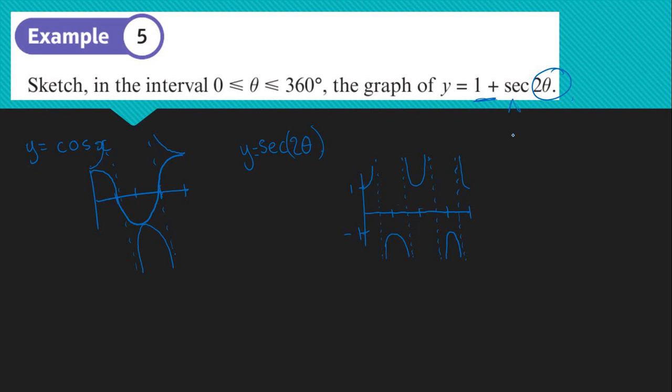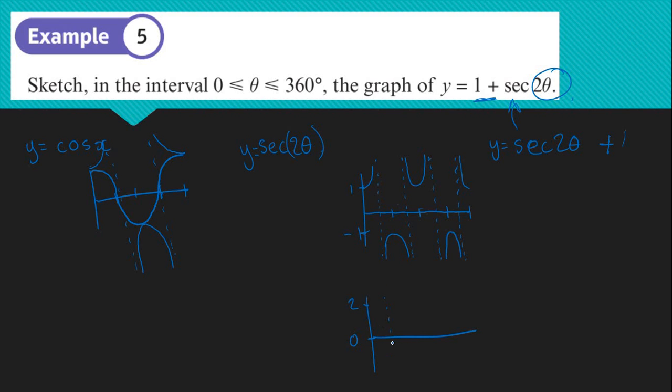Next, you've got 1 plus. Now, when you're thinking of 1 plus, I suggest thinking of it as being sec of 2 theta and then +1 on the end of it. So raise this whole thing up by 1, and what you'll end up with is something really similar, except you'll have 2 and 0 being these shapes here.